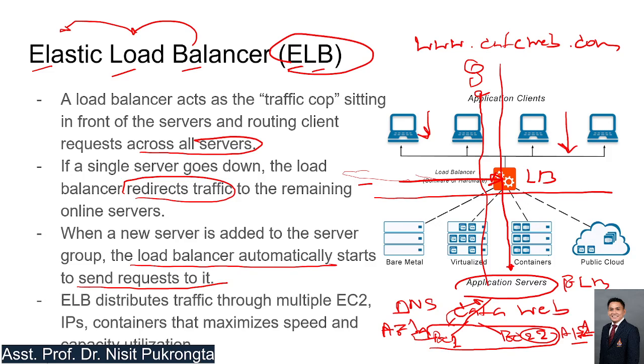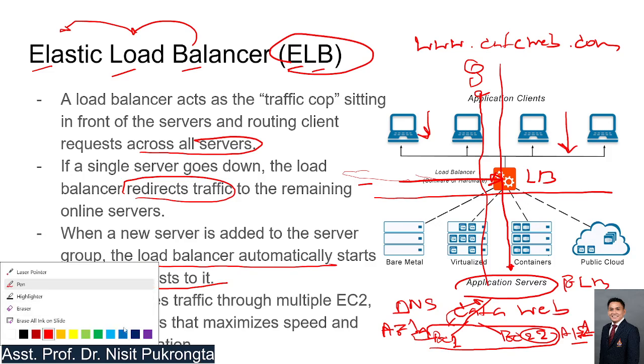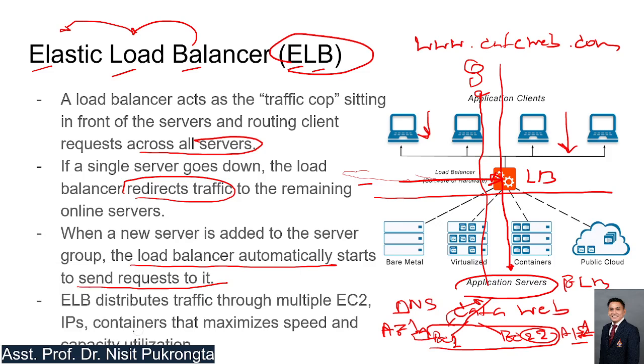And if you add more servers, because the load is not enough, for example when the EC2 threshold is 80%, the load balance can trigger auto scaling to make a new EC2 instance.